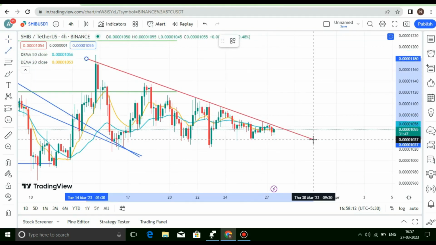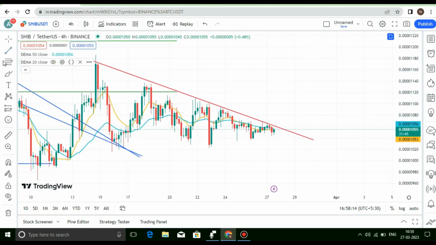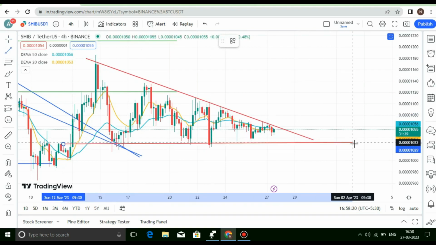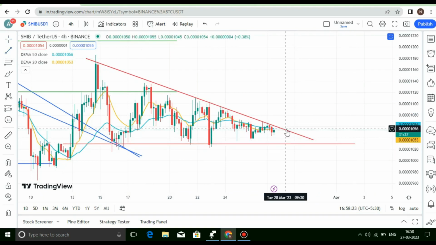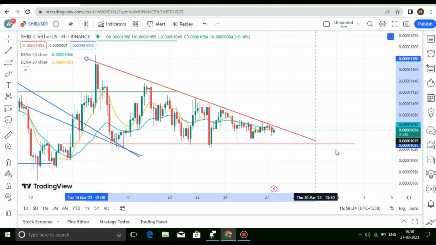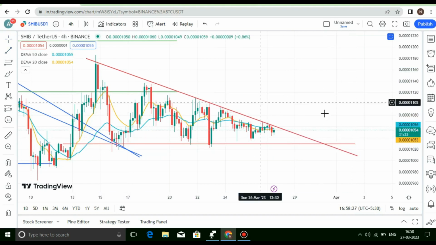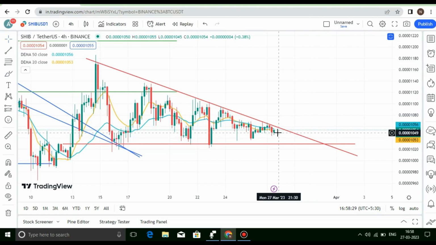This is one trend line, and let us select this one and move it from here to here. Now, as you can see over here, this trend is going to be broken right now.